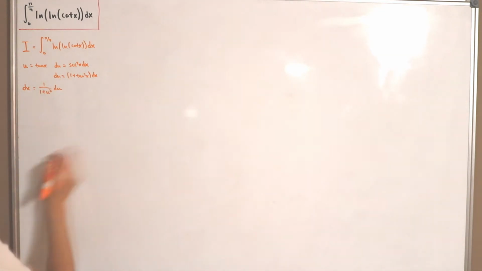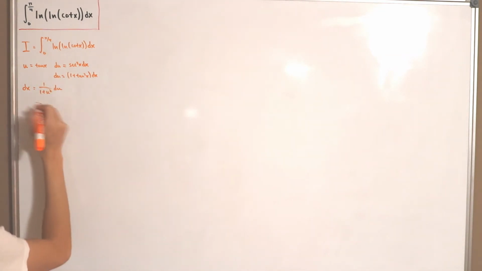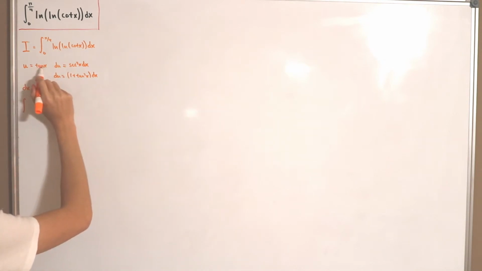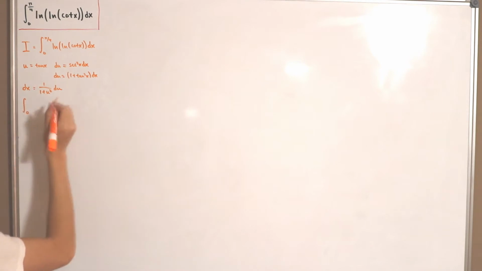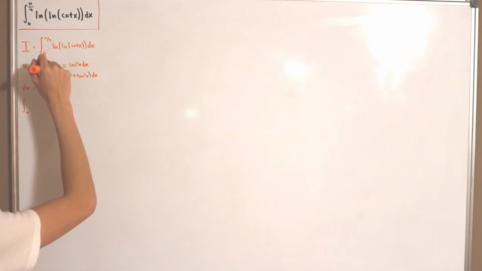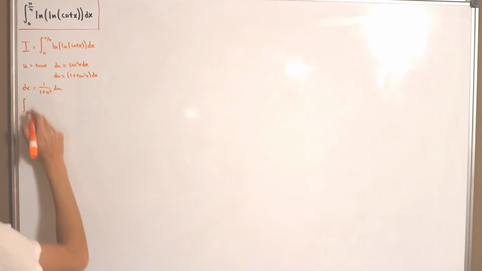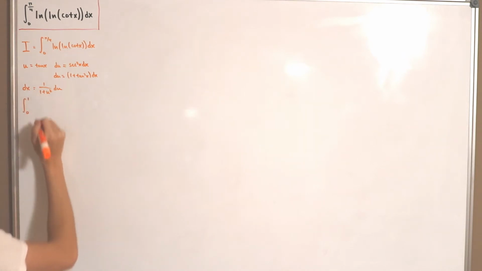So now we plug everything back in. For our new integral, if we plug in 0, tangent of 0 is just going to equal 0, and if we plug in x equals pi over 4, tangent is just going to equal 1.